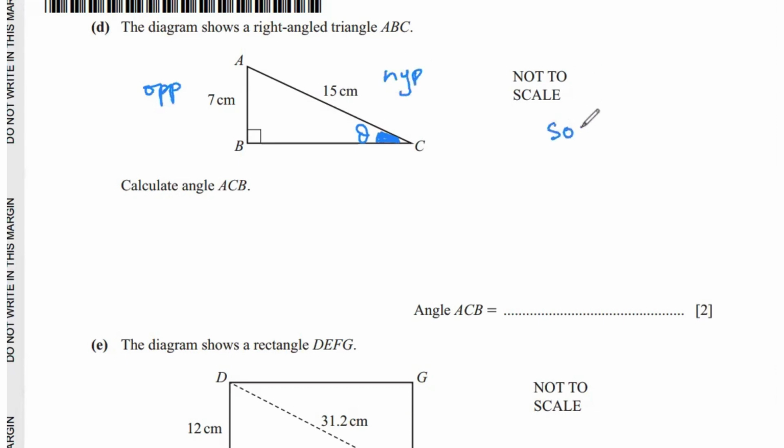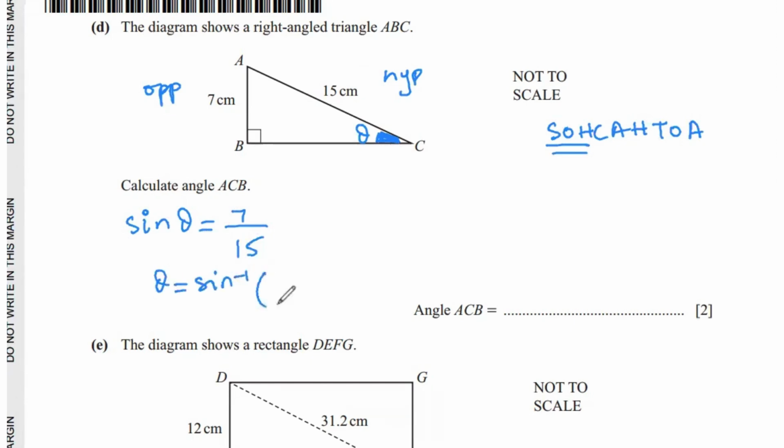So keeping SOHCAHTOA in mind, we'll apply sine, because we have the opposite and hypotenuse, and they want us to find the angle. Sine theta equals 7/15. Theta equals sine inverse of 7/15. And that will give us the value of 27.82 degrees.